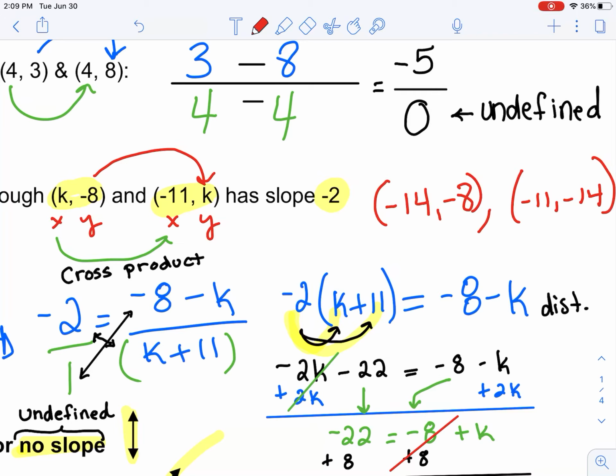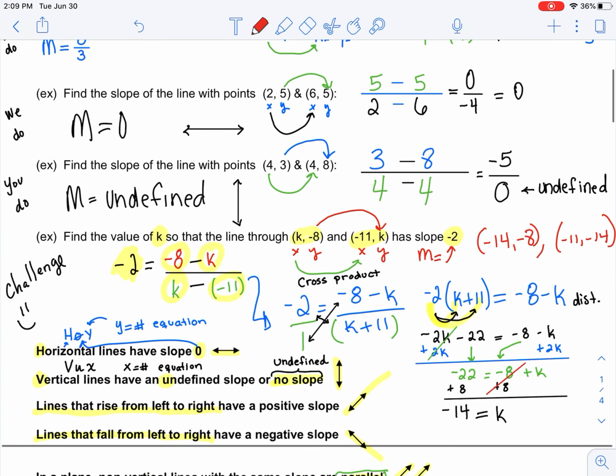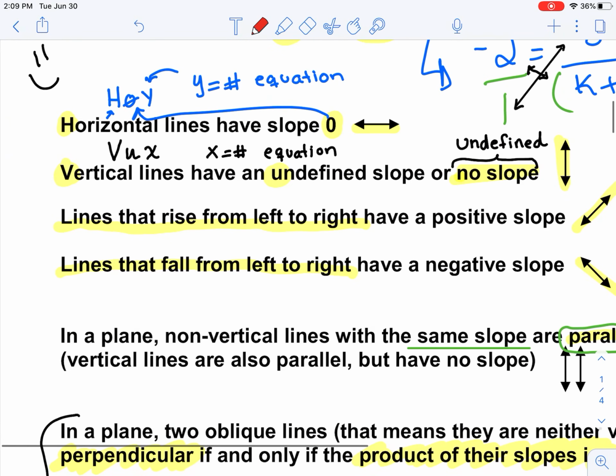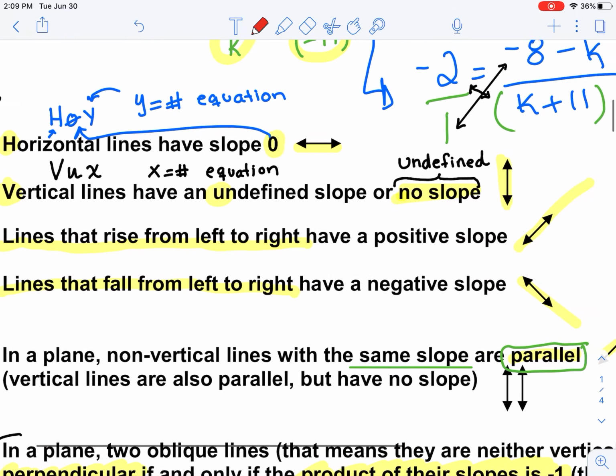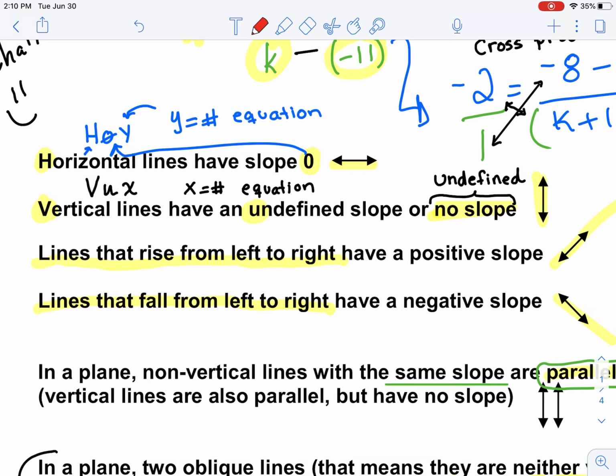If you guys were to check your work, you would find that the slope is negative 2. All right, so that was just a fun challenge problem. All right, so let's go ahead and take a look at all this other stuff. Okay, I pre-put some notes just because I'm trying to keep this video to no more than 30 minutes because of the upload time it takes on my end.